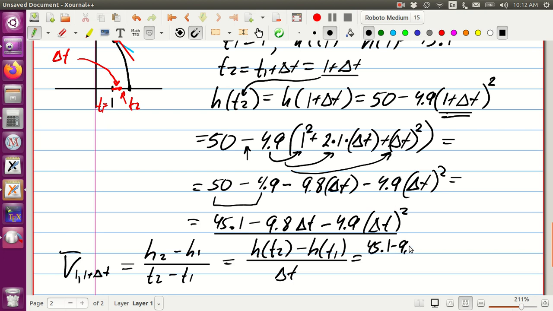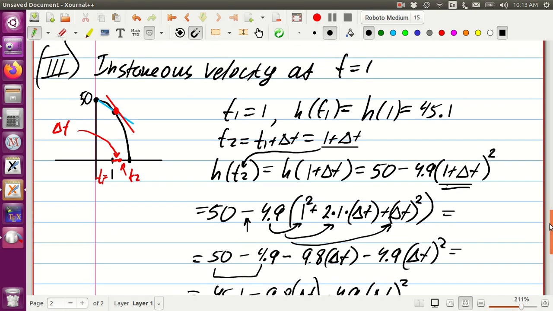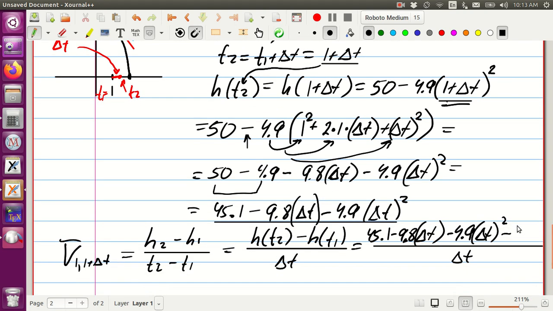45.1 minus 9.8 delta t minus 4.9 delta t squared. On the bottom we have delta t, then we put this minus from here, and we have to write h sub 1, but we know h sub 1 was 45.1. And like in the previous lecture, hint: the term at the end should go away.